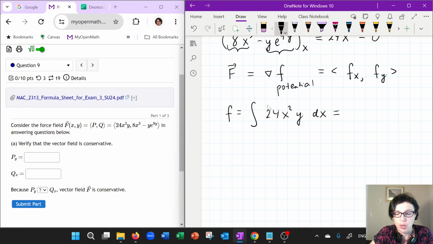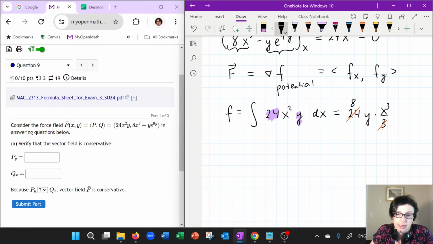So with respect to x, 24x squared y. Think 24 and y are multiples, which we keep. We will have 24y right here. Then the integral of x squared becomes x cubed over 3. Now, the 3 will cancel with 24, and that'll just be 8.